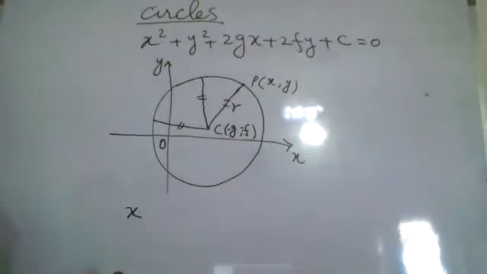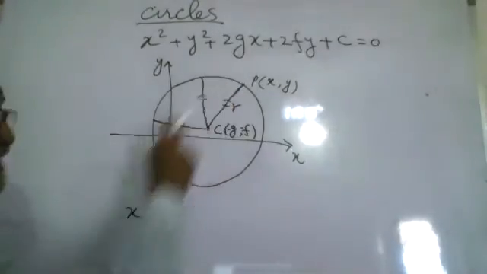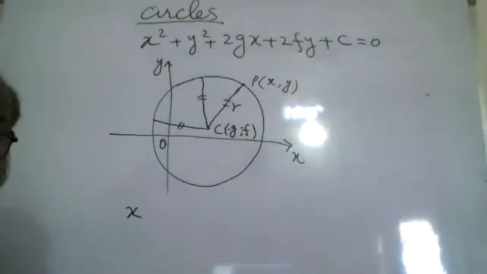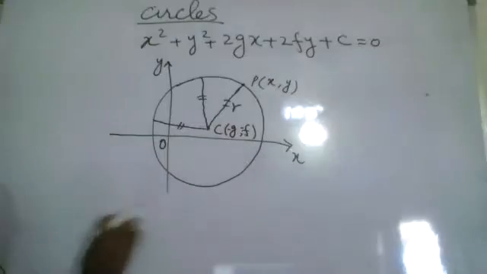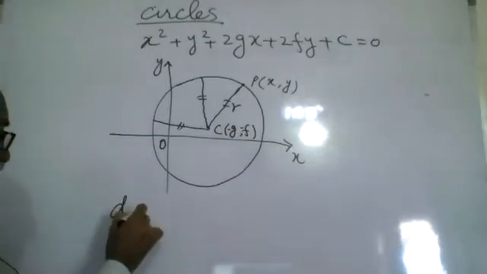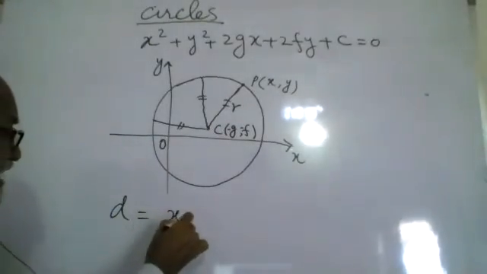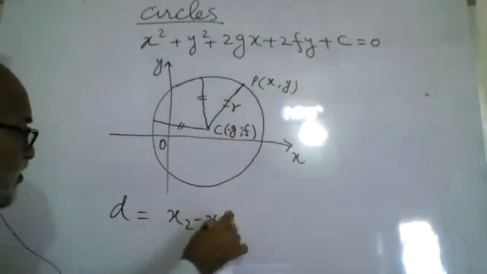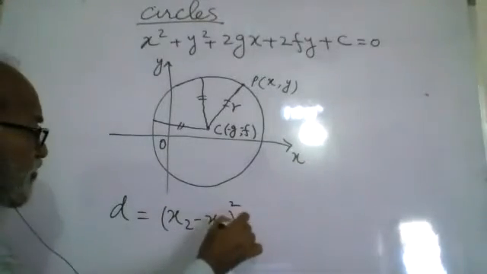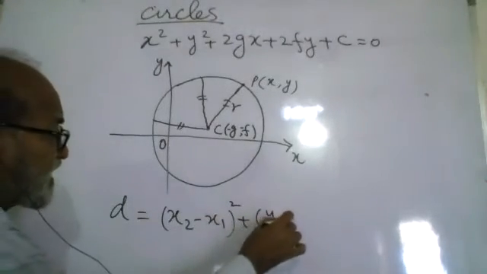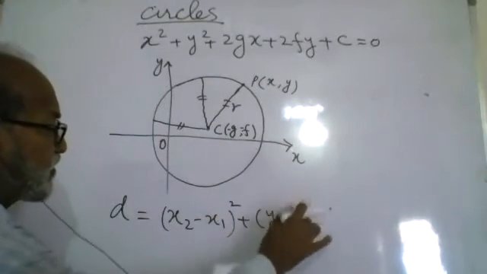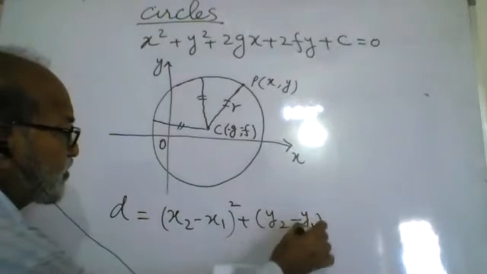We will use the distance formula. What is the distance formula? The distance formula is the square root of x2 minus x1 whole square plus y2 minus y1 whole square.